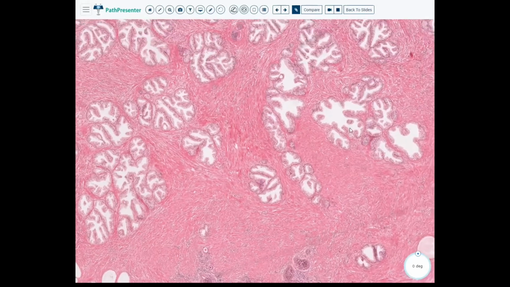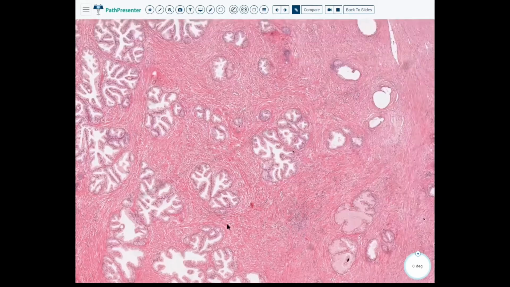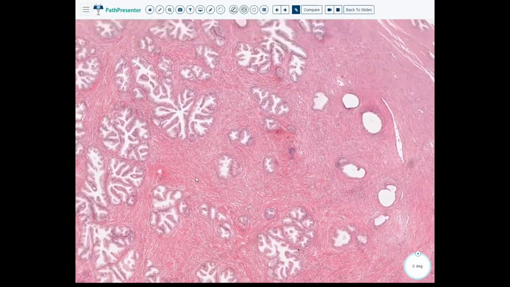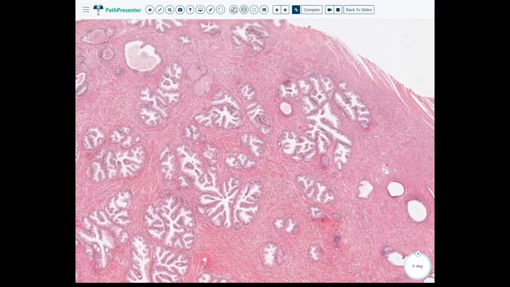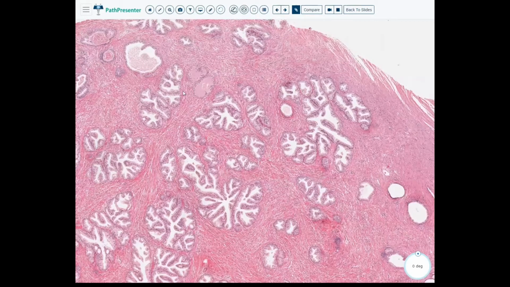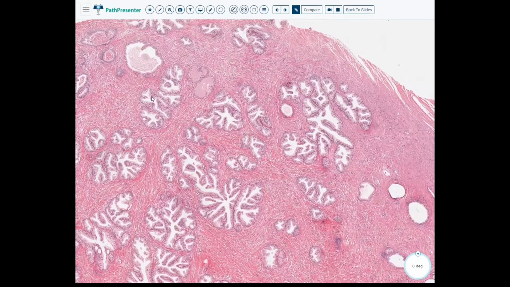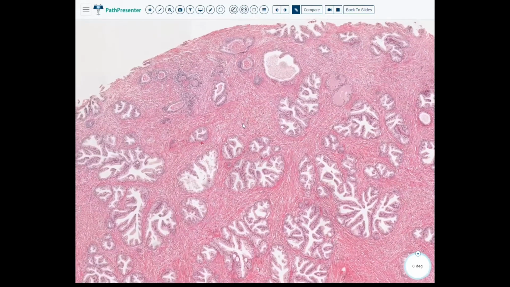So with this, you should probably be in the adenosis range, in particular because of all the dense collagen and hypercellularity in the stroma. I would be within the sclerosing adenosis area of adenosis, and that's exactly what this is.